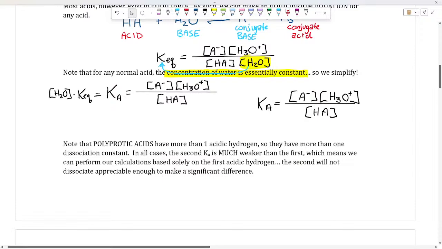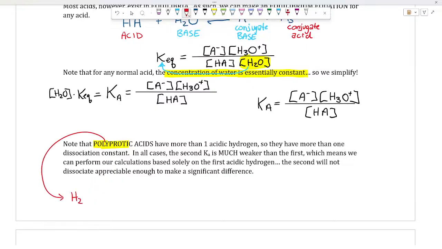So, in fact, note, there are polyprotic acids, right? But what's polyprotic mean? Poly means many, protic refers to protons. Polyprotic acids would be like H2SO4, H3PO4, etc. These are acids with more than one acidic hydrogen.